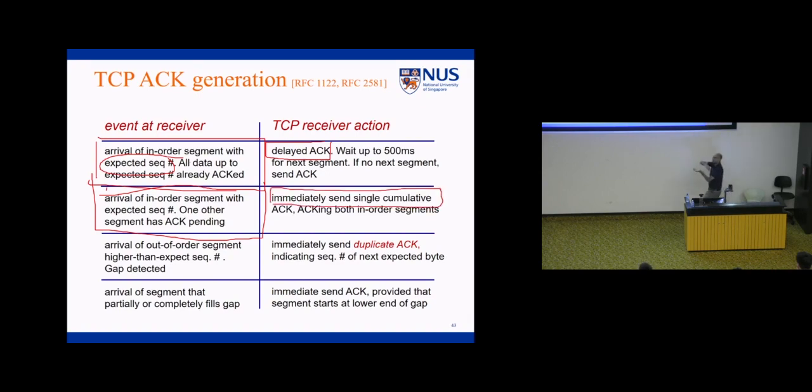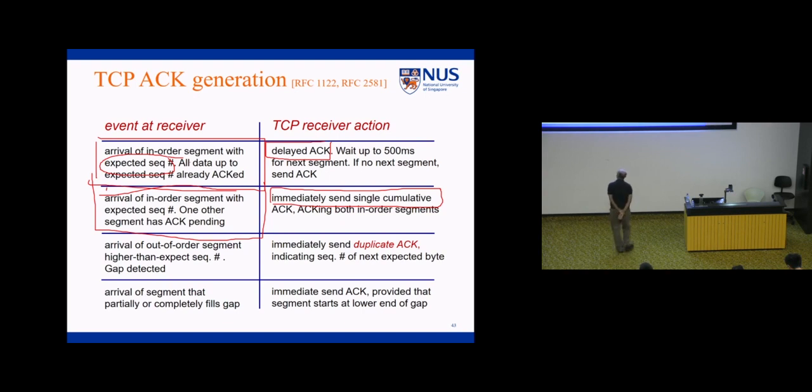Right? So if it is the second packet, send out an acknowledgement. If it is the first packet, wait for the second packet to come in, or 500 milliseconds, you can send out. So that's the first two. And these are the scenarios where everything is going well. Sender is sending packets, you're receiving them in sequence.